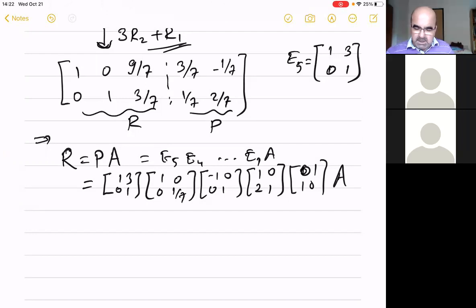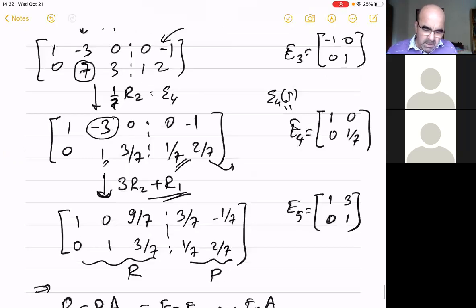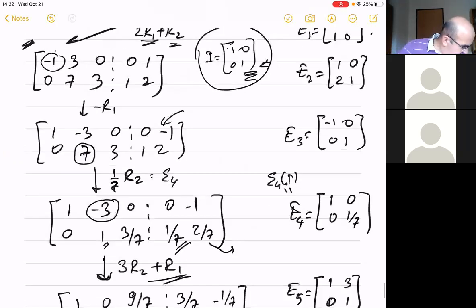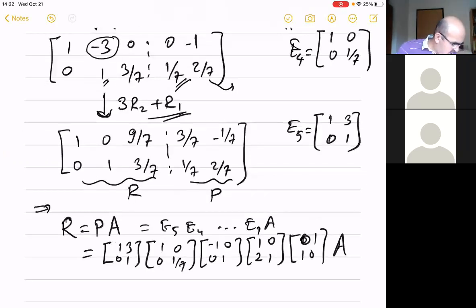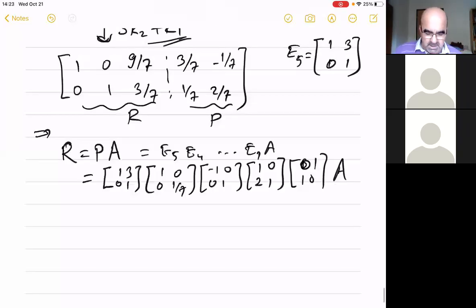Okay, let's see. I have this example, but let me give another example. It's a 3x4 matrix. Let me give this to you as an exercise.